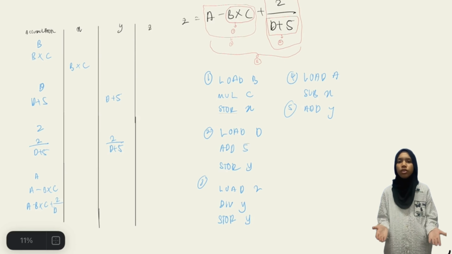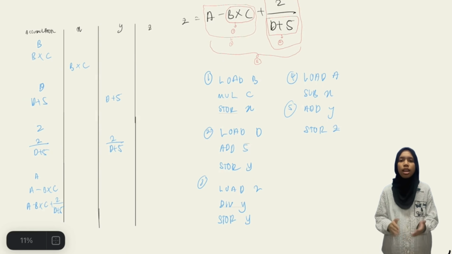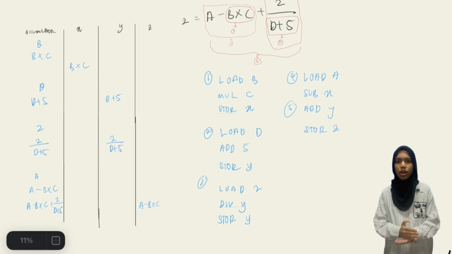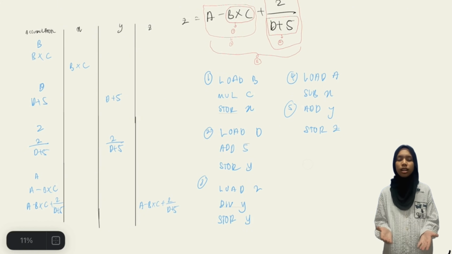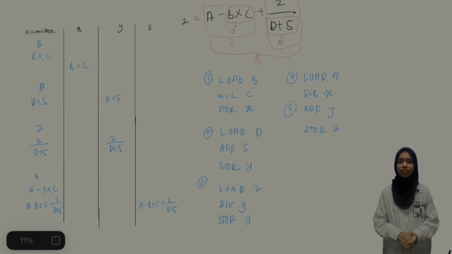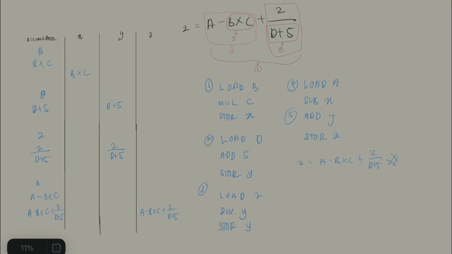After that, continue with ADD Y because 2D times (D plus 5) was stored in Y. Last but not least, store Z because the question asks us to store the final answer in register Z. This is the final result for one address. I hope you understand it.